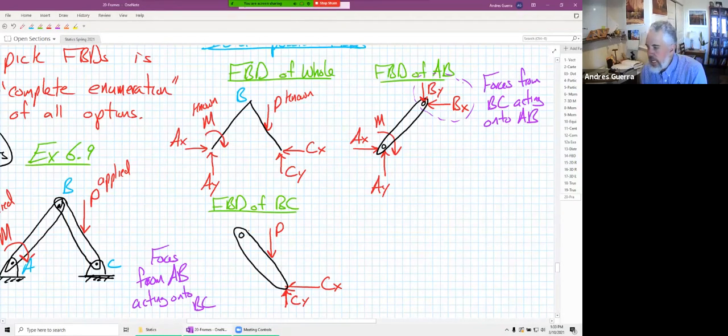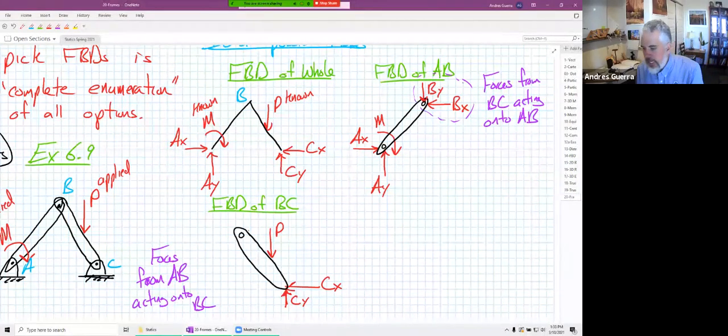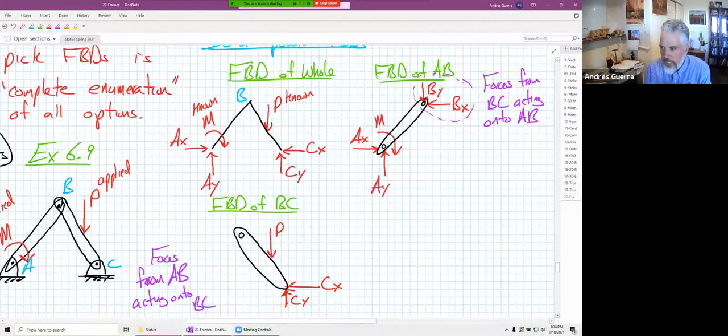So they're going to need to go in what direction? What direction should BX go on my FBD of B to C? Let me ask Ricardo. Ricardo, what direction should I draw BX? Should I draw it to the left or should I draw it to the right?